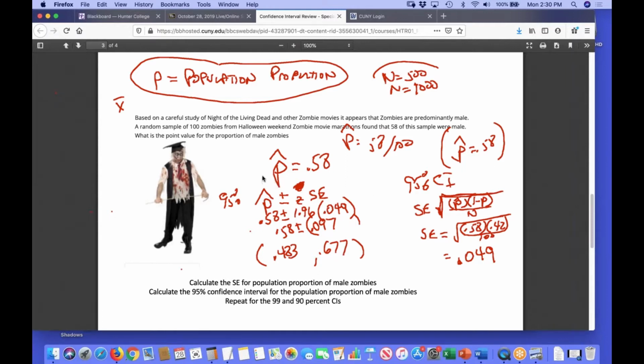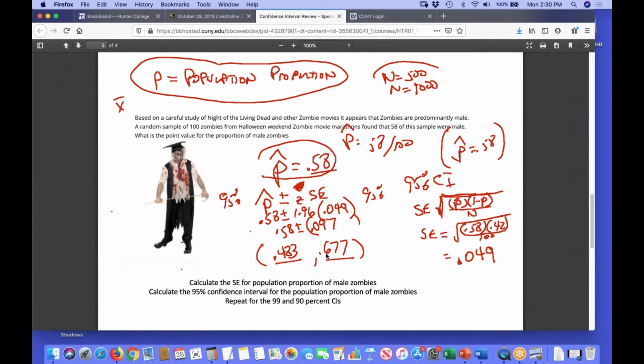So the proportion of male zombies in my sample was 58% or 0.58, and my 95% confidence interval says I'm 95% sure, based on this sample size of 100, that my true population proportion is between 0.483 and 0.677.